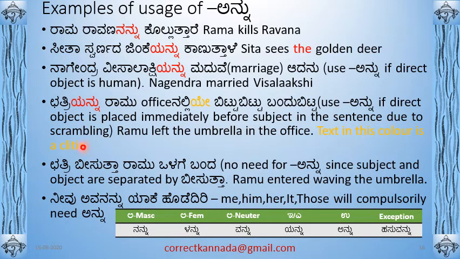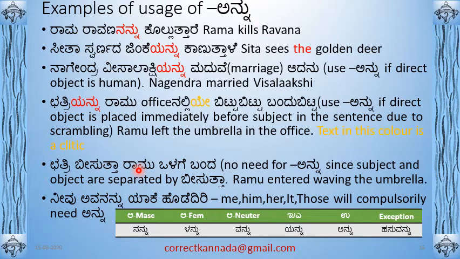Okay. Then next one. Chhatri bisutta Ramu olage banda. So here this is an example of not using the annu, right? So chhatri is your object, Ramu is your subject, and there is a bisutta in between. Bisutta means waving. While waving, Ramu olage banda means came inside. Baru is come, olage is inside.